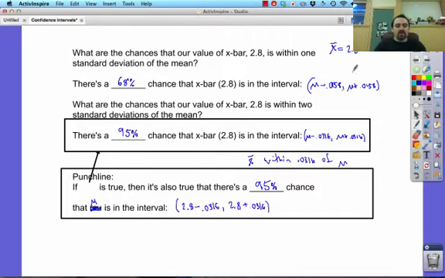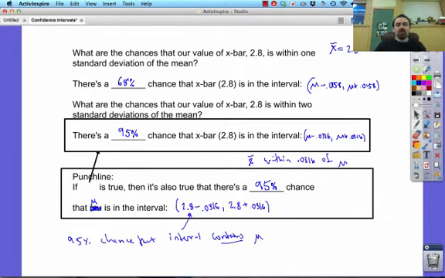So what that means is that there's a 95% chance that this interval contains mu. Okay? 95% chance that that interval contains mu.